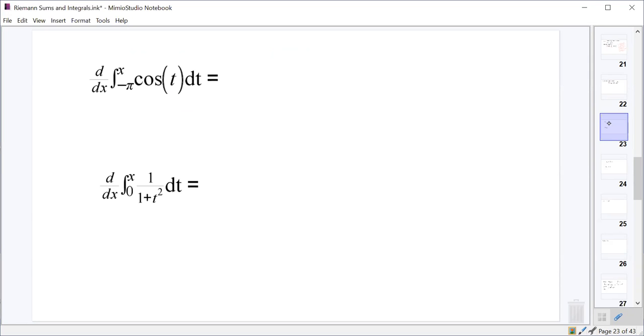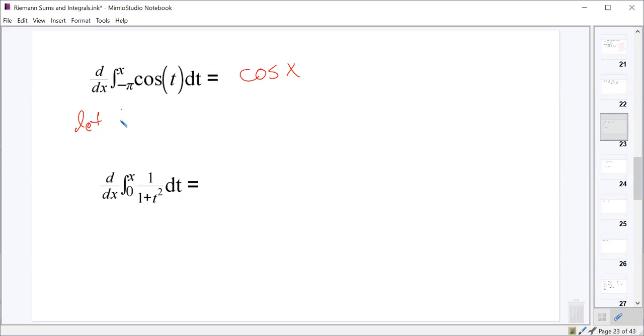As we start to look at it here, we've got the derivative of an integral from a constant to x of some function. So what should that come out to be? Cosine x. Should just come out to be cosine x. And suppose we wanted to write it out in a little more detailed way, and suppose we didn't know the integral of cosine.